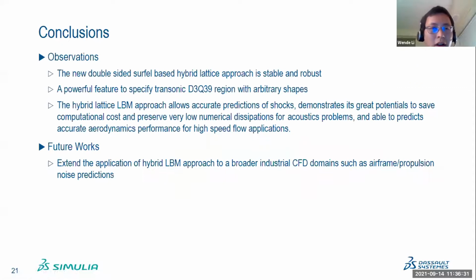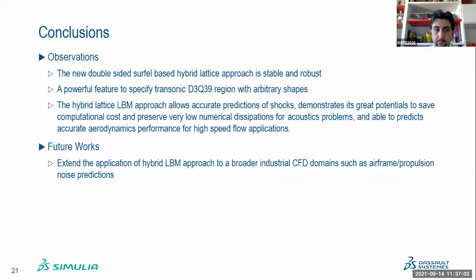Our observation is that the new double-sided surface-based hybrid lattice approach is stable and robust. It is a powerful feature to specify this D3Q39 region with arbitrary shapes. This hybrid LBM allows accurate prediction of shocks, demonstrates great precision to save computational cost, preserves low numerical dissipation for acoustic problems, and is able to predict accurate aerodynamic performance for high-speed flow applications.